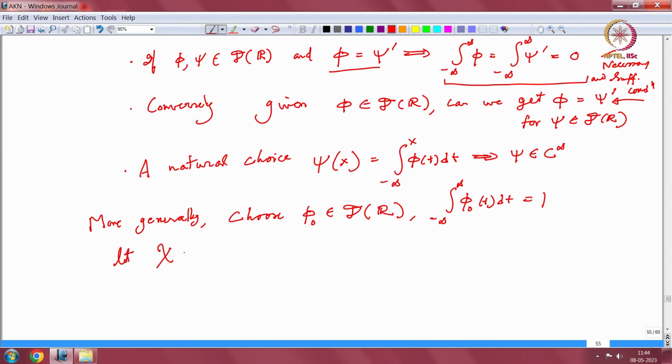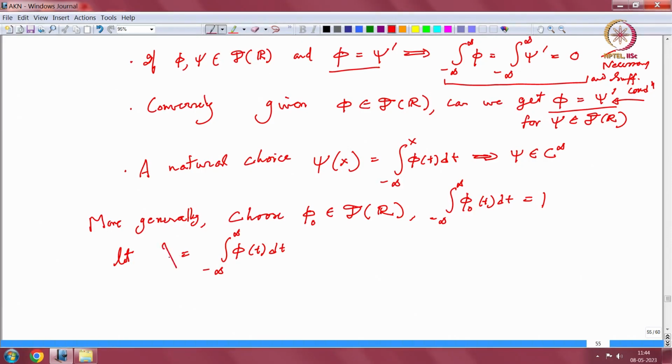Now you see, the integral of phi may not be 0. If the integral of phi t is 0, you do not have to do further; you will already get the representation.